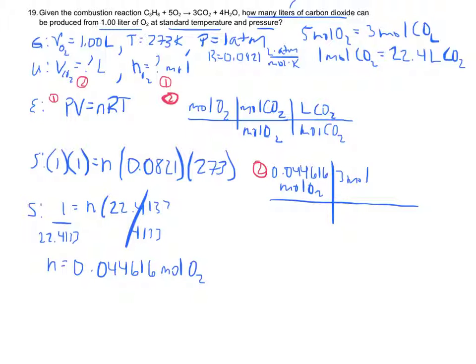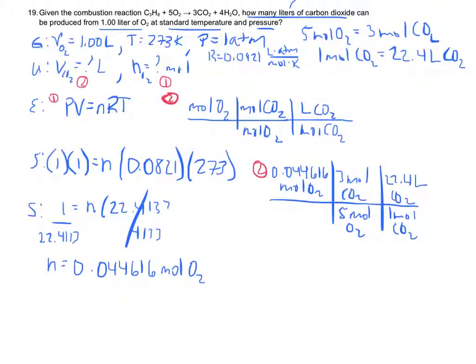So 3 moles of CO2 over 5 moles of O2. And then we're going to use our second equivalent statement to go from moles into liters. So 1 mole of carbon dioxide is equal to 22.4 liters of carbon dioxide at standard temperature and pressure, which is what we're at. Any gas, the volume is 22.4 liters for a mole at standard temperature and pressure. So 22.4 liters of CO2 is equivalent to 1 mole of CO2.